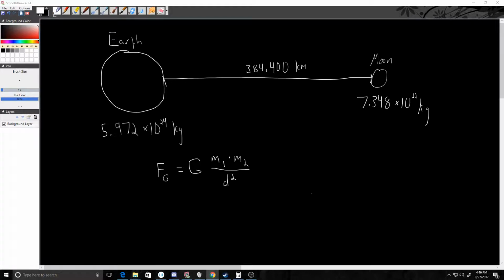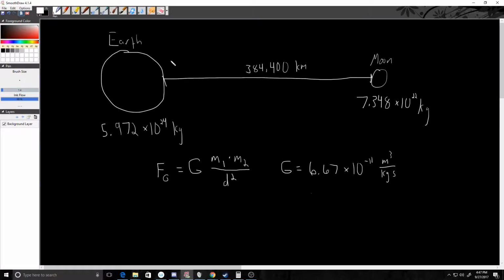It decreases by the distance between them squared. So, using this formula, they've also determined scientifically that the gravitational constant is always 6.67 times 10 to the negative 11th meters cubed over kilograms seconds squared.